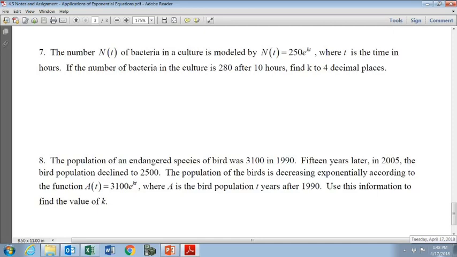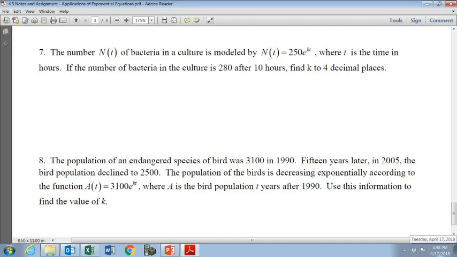Number 7 says the number n of t of bacteria in a culture, so n of t is the number of bacteria, is modeled by this function n of t equals 250 times e to the kt power, where t is the time in hours. So t is in hours. If the number of bacteria in the culture is 280 after 10 hours, find k to 4 decimal places.